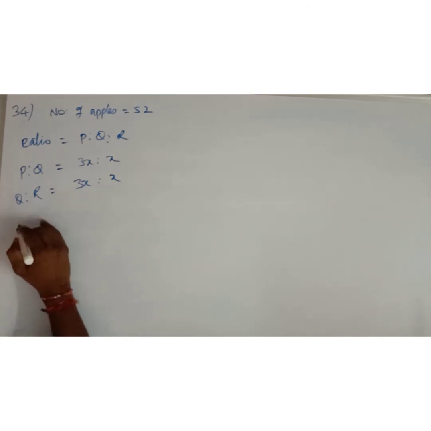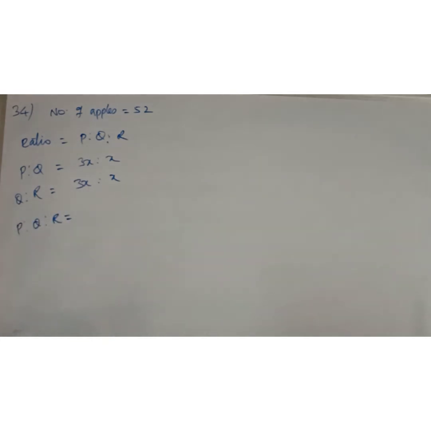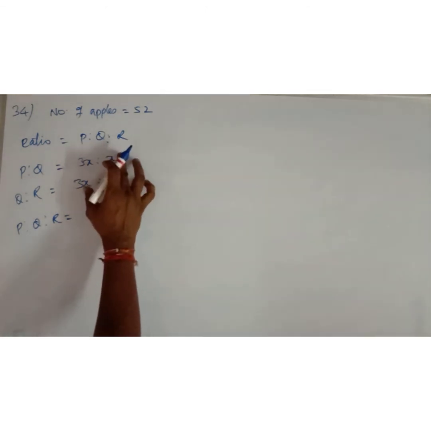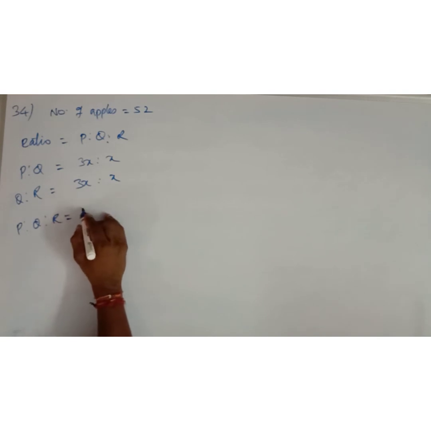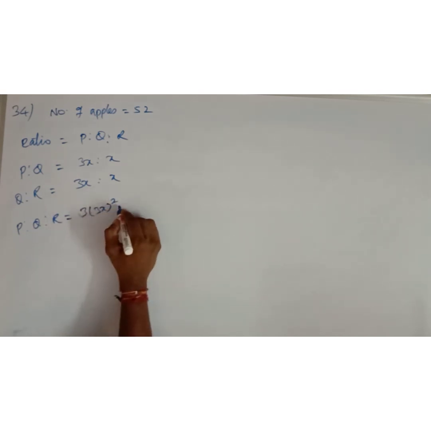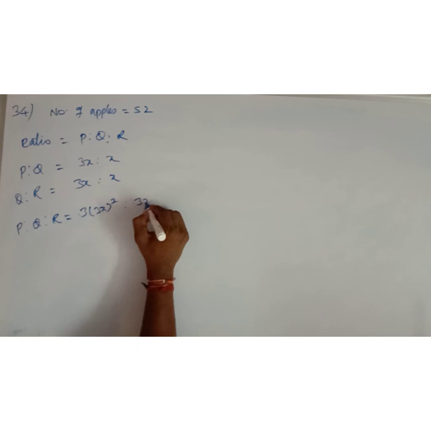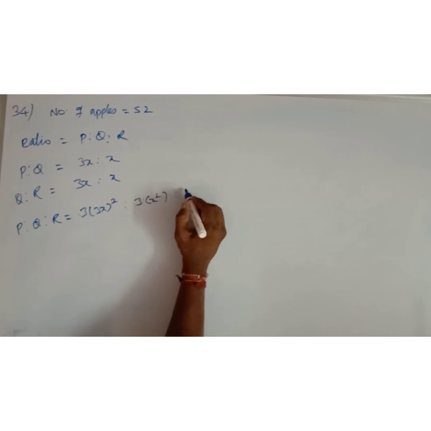Now P is to Q is to R is equal to, see here, I need Q to be equated here. That's why simply do the squaring, that is 3 into 3x square is to 3 into x square is to x square.